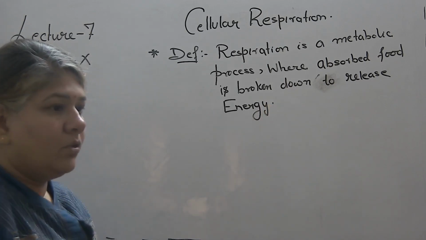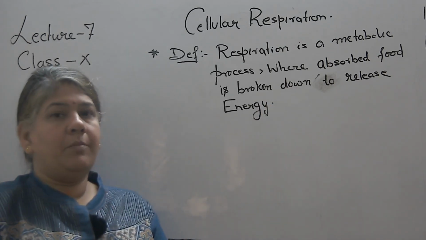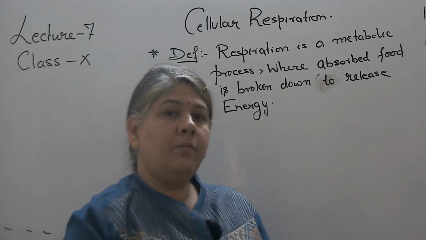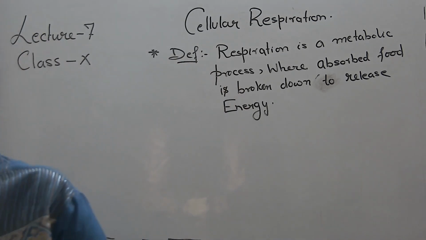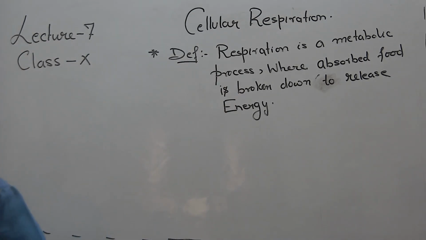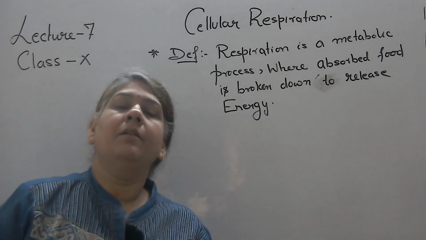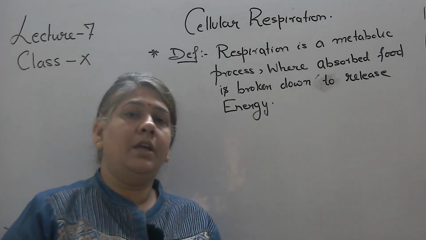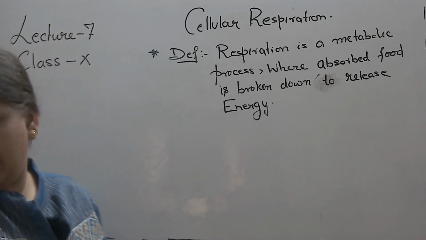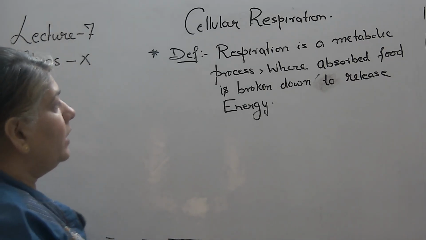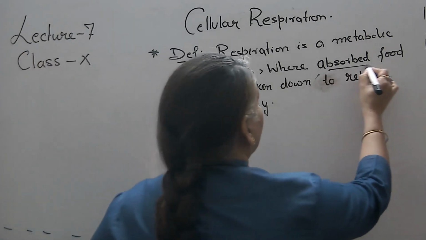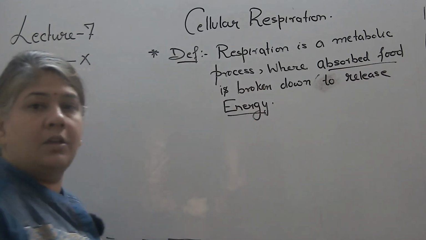This breakdown may happen in the presence of oxygen or in the absence of oxygen. If the process takes place in the presence of oxygen, we say it's aerobic respiration. The food that is broken down to produce energy is glucose.